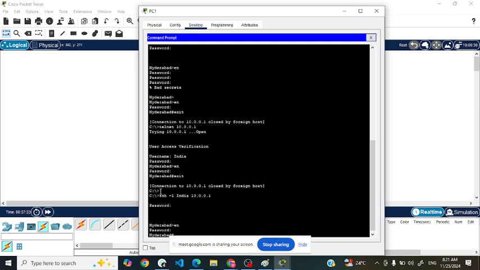Guys, are you able to see my cursor? Yes, sir. In the SSH connection, while when I am trying to take the telnet, it is asking for the username and password both.